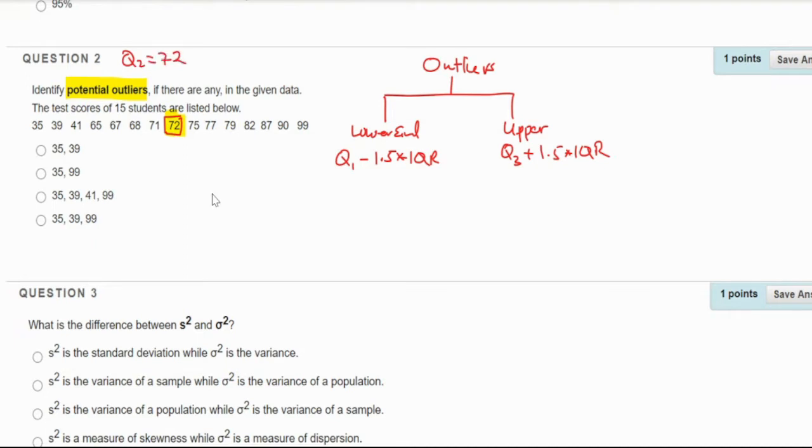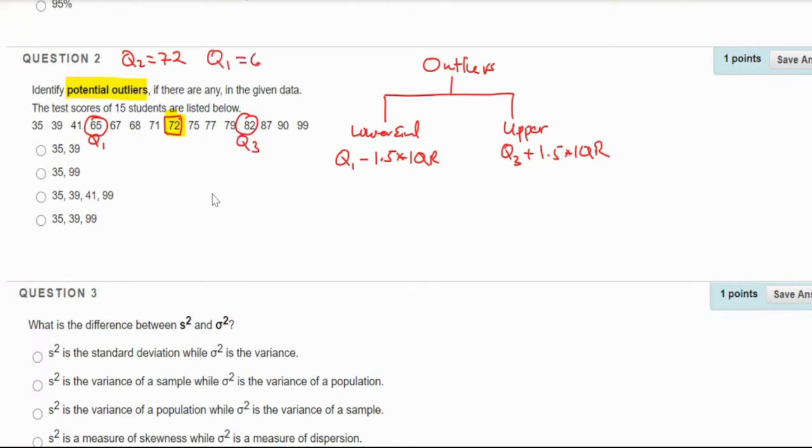Then we can find Q1 by finding the median of the first group. If this is 1, 2, 3, 4, 5, 6, 7, then this is Q1, and the middle one of the upper group is Q3.